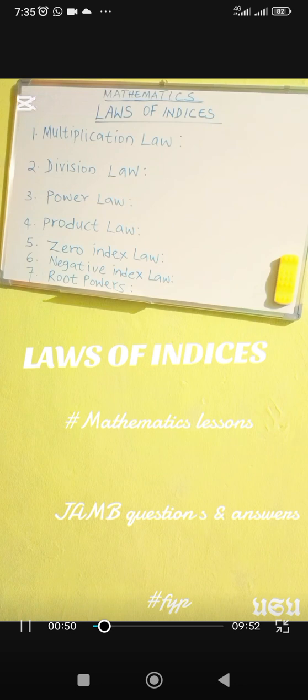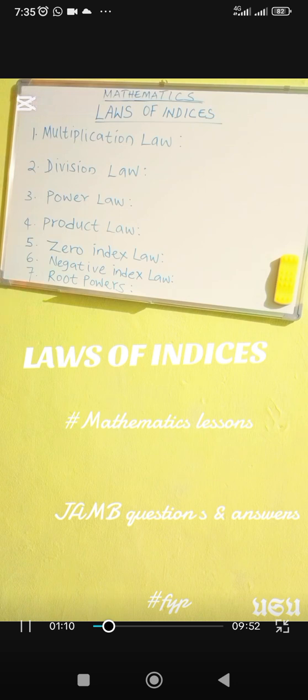One thing about indices is that it is usually a way of representing numbers in a shortened form, how you can shorten a group of numbers, maybe for the purpose of statistics or representation.